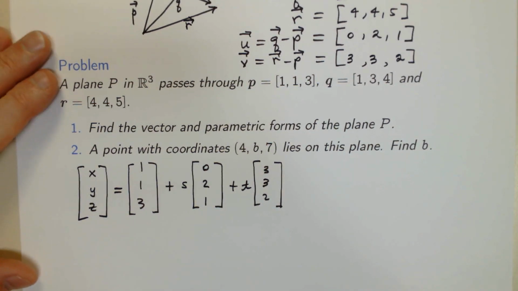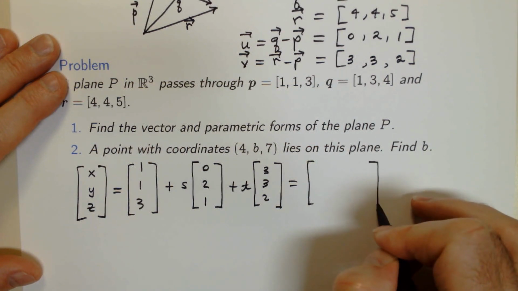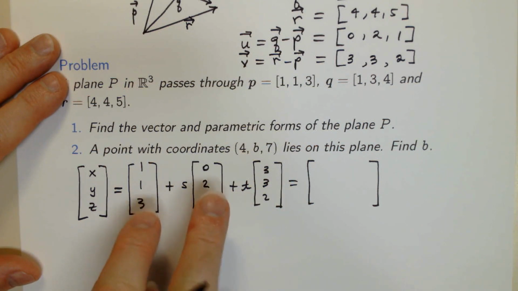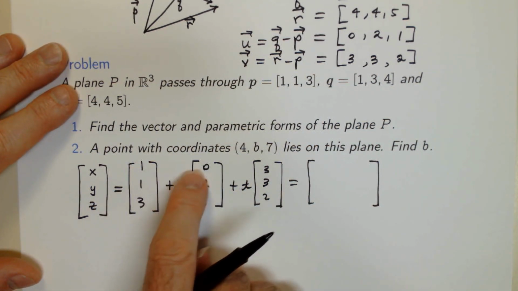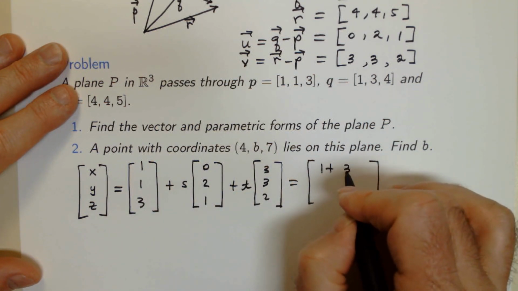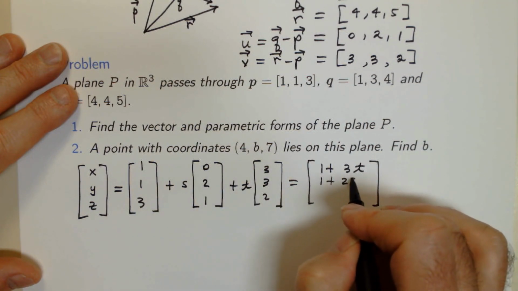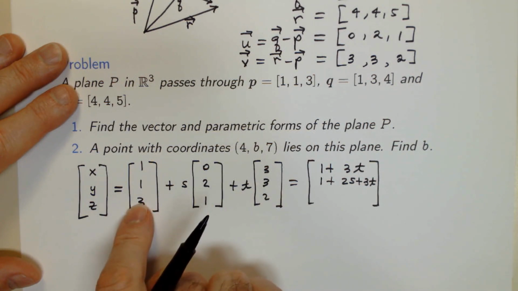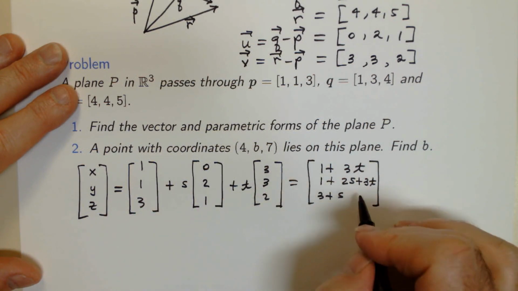Okay? Now, if I collapse all of this, if I do the scaling and the vector addition, I can collapse that into a single vector, and it's going to be 1 plus 0s plus 3t, 1 plus 2s plus 3t, and finally 3 plus s plus 2t.